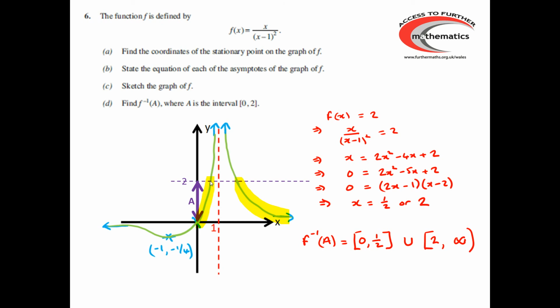Sketching the graph from the information that was given gave 2 marks, and then to find f to the minus 1 of A there were 3 marks for obtaining the 2 values where f of x had to equal 2, and then 2 more answer marks for correctly obtaining f to the minus 1 of A.